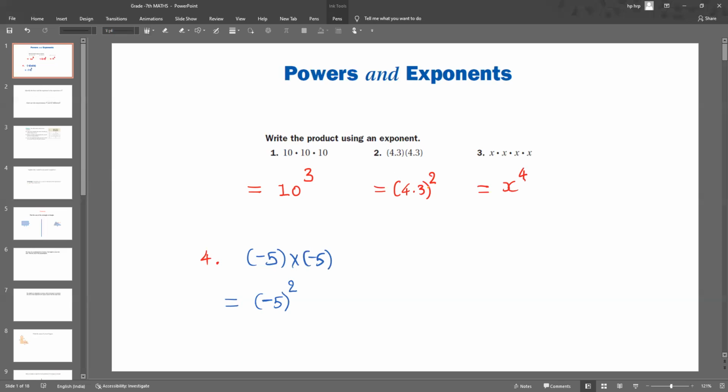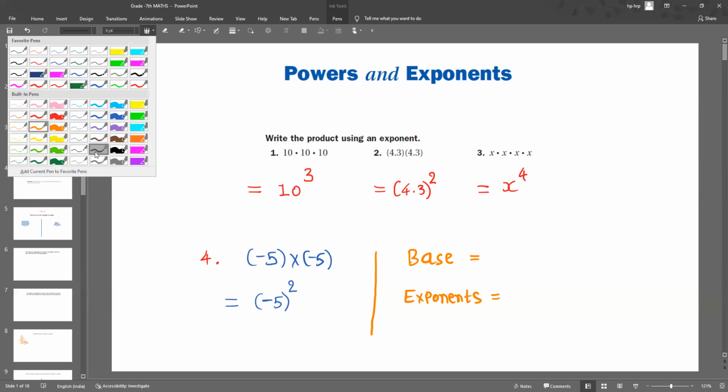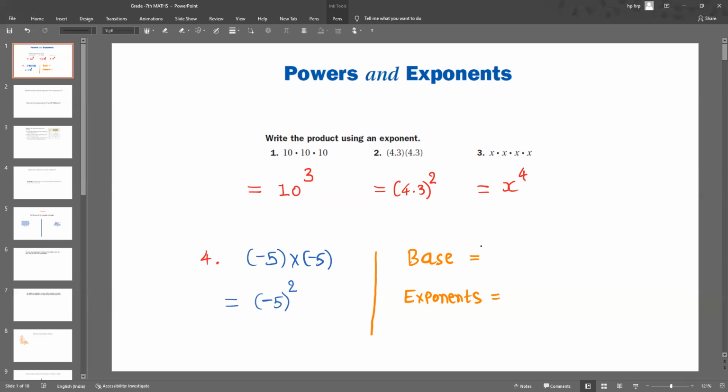Another important thing you have to remember: can you identify which one is the base and which one is the exponent in these examples? In 10 cube, or we can read it as 10 raised to 3, which one is the base and which one is the exponent? 10 would be the base and the exponent would be 3.